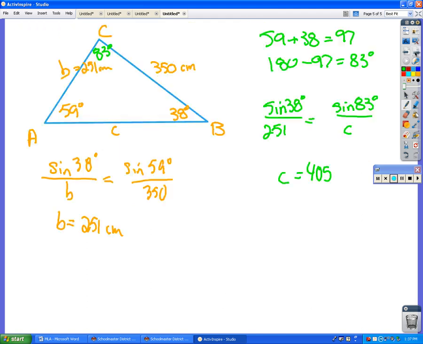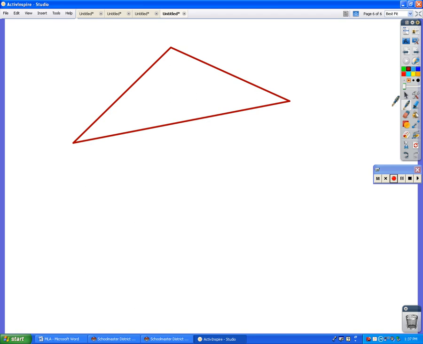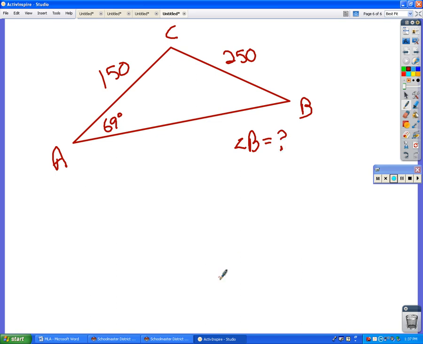Okay, let's do one where we are trying to find the missing angle instead of the missing side. Let's say that this is 150 and this is 250. And this guy right here is 69 degrees. And now I want you to come up with the measure of angle B. So starting out, the idea is the same.